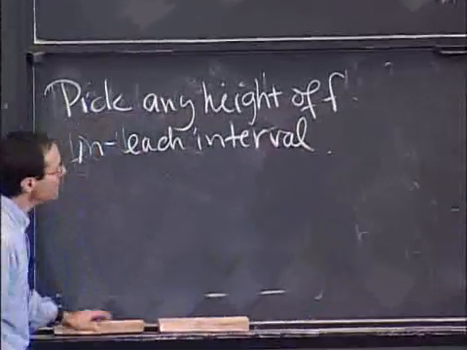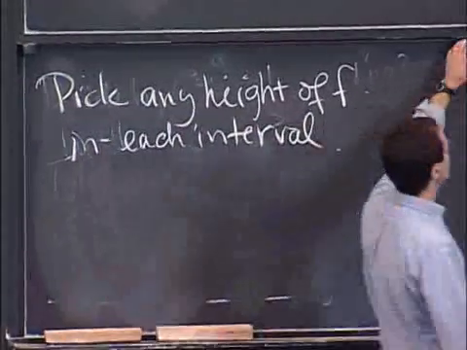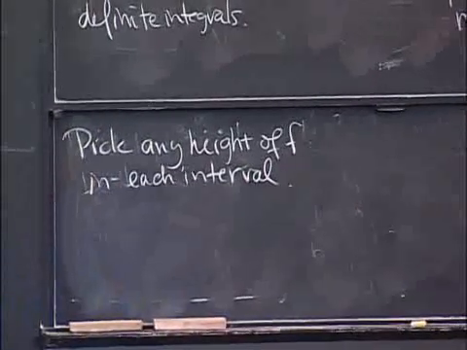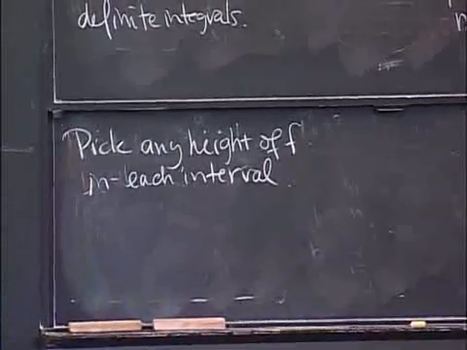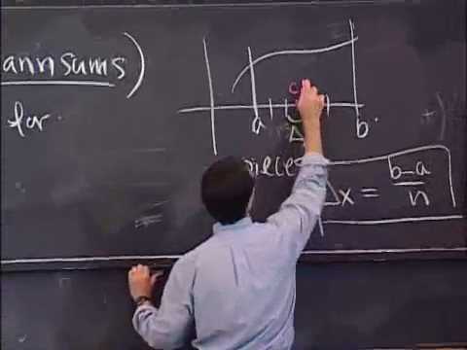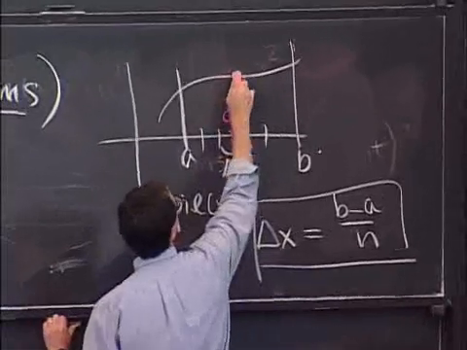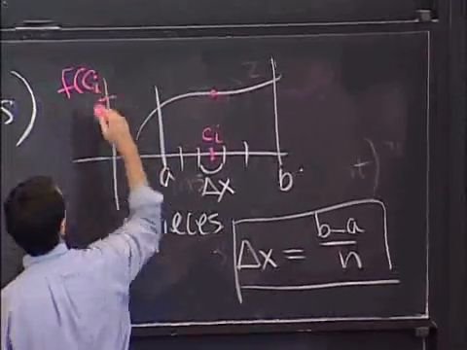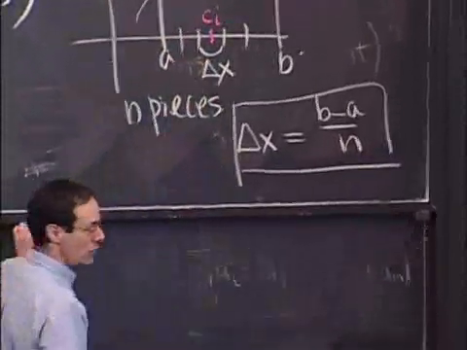So what that means is, let me just show it to you on the picture here, is I just pick any value in between. I'll call it Ci, which is in there, and then I go up here and I have the level, which is f of Ci, and that's the rectangle that I choose.